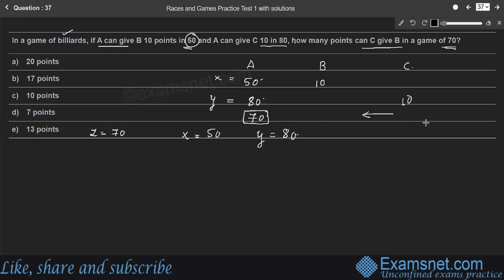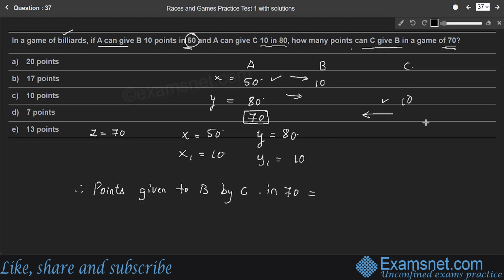Then X1 is, out of 50 total points, A can give B 10 points. Therefore, X1 is 10. Whereas Y1, the points given to C in a game of 80, is also 10. Where X is 50, Y is 80, Z is 70. Therefore, the points given to B by C in a game of 70.